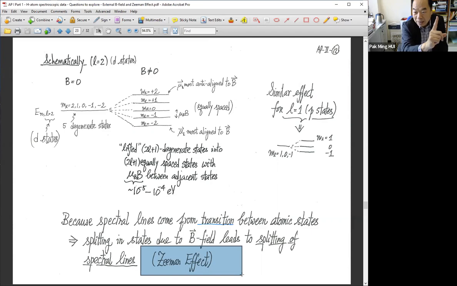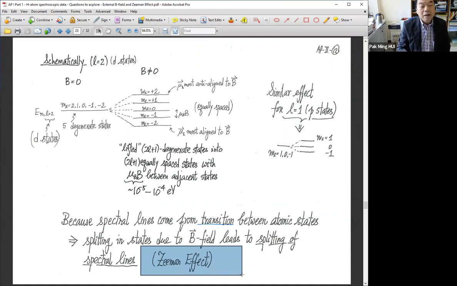When you apply a magnetic field, Zeeman, back in the end of the 19th century, observed that sometimes a line splits into several lines. For example, 1 line into 3 lines. But if you observe the spectrum carefully, you also see sometimes 1 line goes into 4 lines, or 1 line goes into 6 lines.